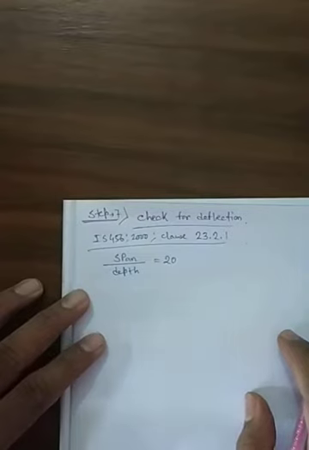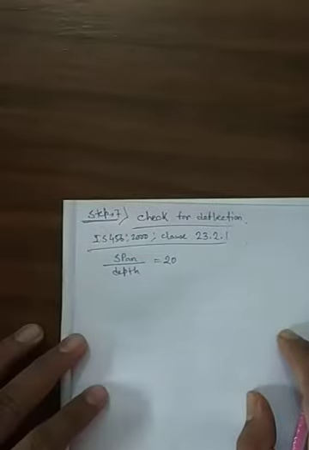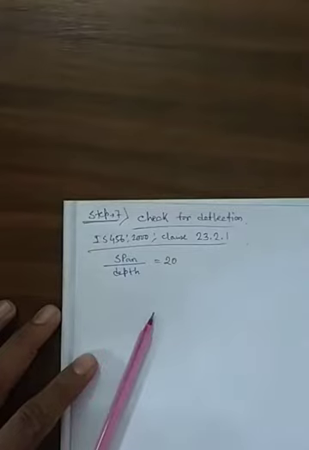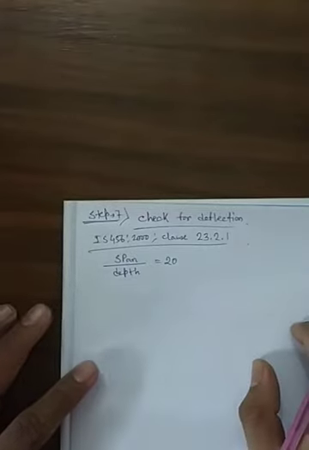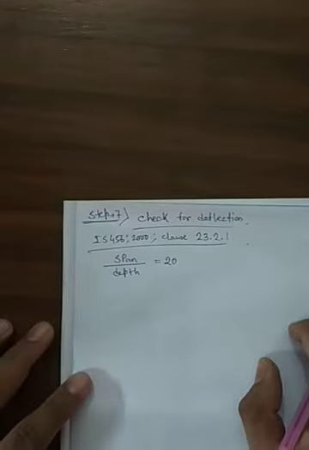If simply supported beam or simply supported slab, span by depth is equal to 20 for the case of beam and only for one way slab. In case of two way slab the value is different. That value comes 35 for simply supported, and in case of cantilever for beam and one way slab the span by depth value is 7, remember this.